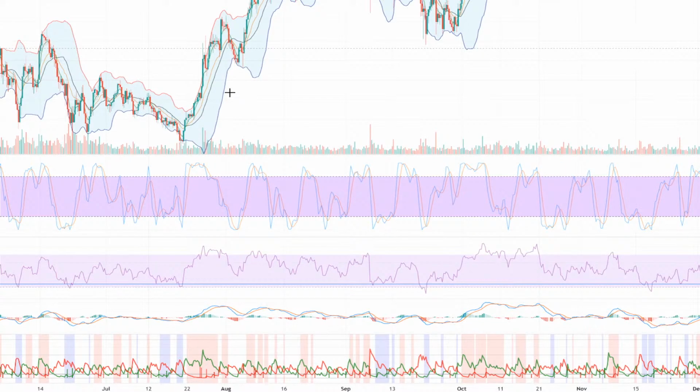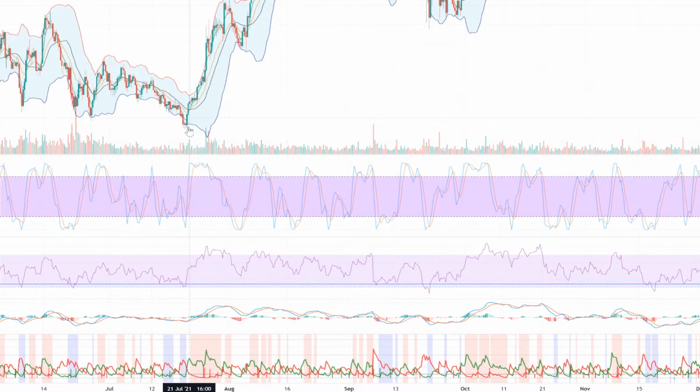And so the reversals should look like this. There's a classic candlestick. For me, this is how I detect reversals. The candlestick just enters below the lower Bollinger Band, followed by a bullish candle.